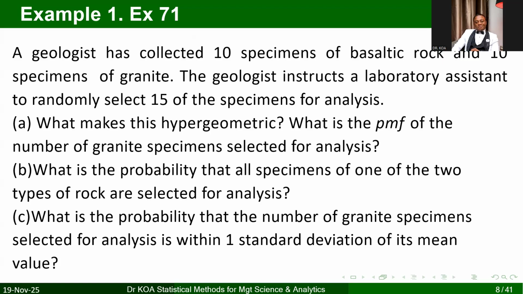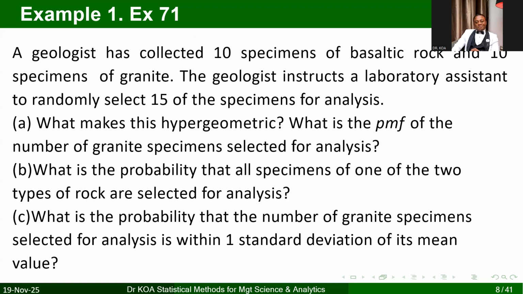What is the PMF of the number of granite specimens selected for analysis? B. What is the probability that all specimens of one of the two types of rock are selected for analysis? And C. What is the probability that the number of granite specimens selected for analysis is within one standard deviation of its mean value?